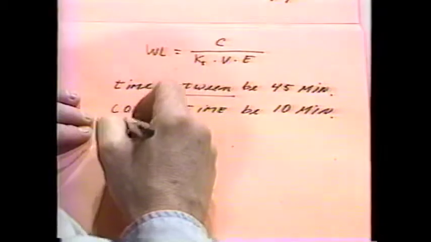That is, it was 45 minutes from the time we removed the filter paper from the sampler to when we put it on the detector, and then we counted for 10 minutes. Halfway through this 10 minutes is an extra 5 minutes. So the total time is 50 minutes to get to the midpoint of the count time. And if you come down here, time 50 minutes, the correction factor is 130. And so now we have all of the variables that go into the equation.